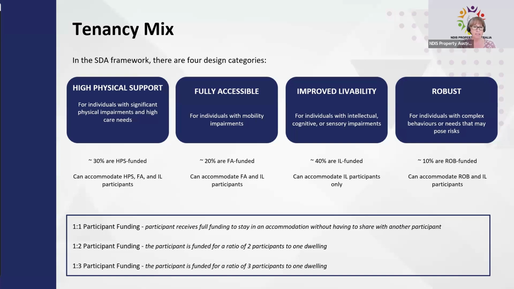Just very quickly to break it down, the first 2, high physical support and fully accessible, generally people in wheelchairs with mobility issues. Improved livability will be a mix of people with mild psychosocial, with intellectual, cognitive, and other impairments.